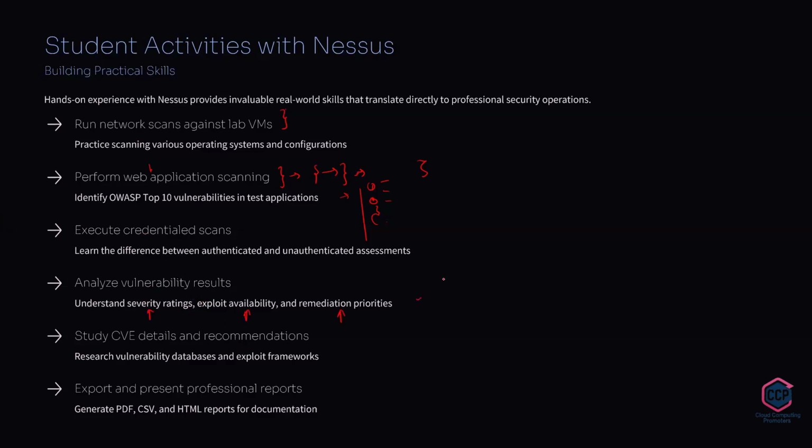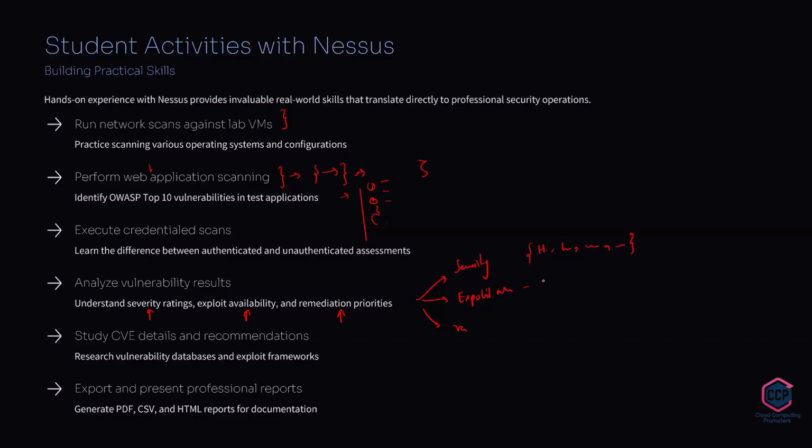So the main things it will give us are severity, exploit availability, and remediations. Severity means high, low, medium, critical.